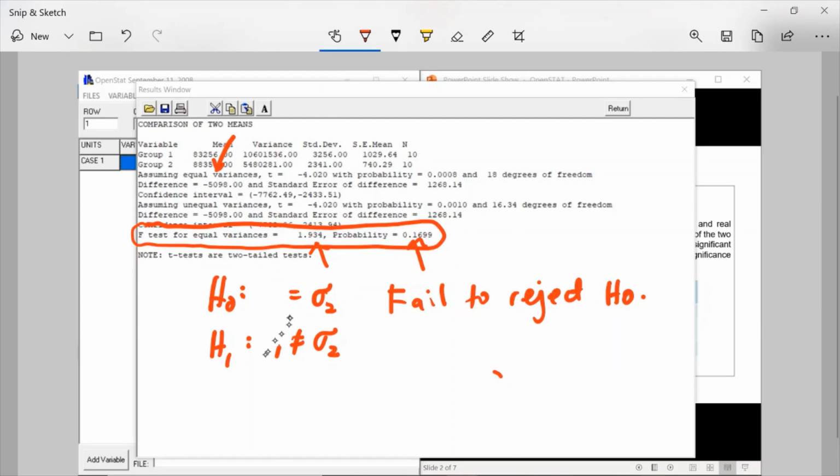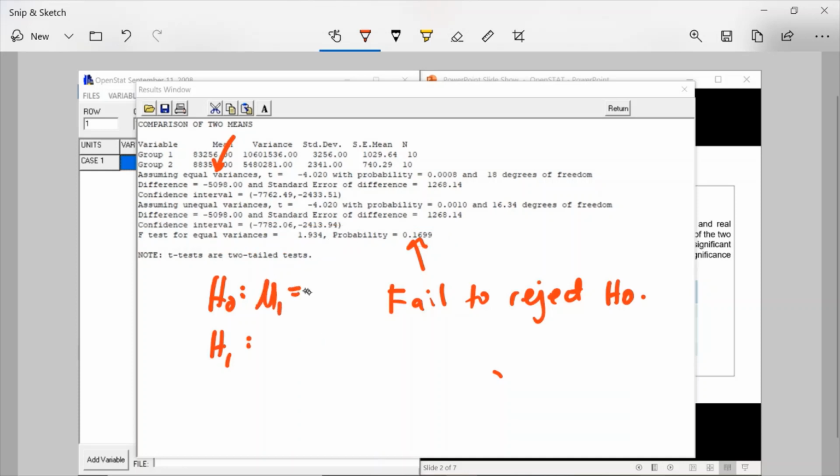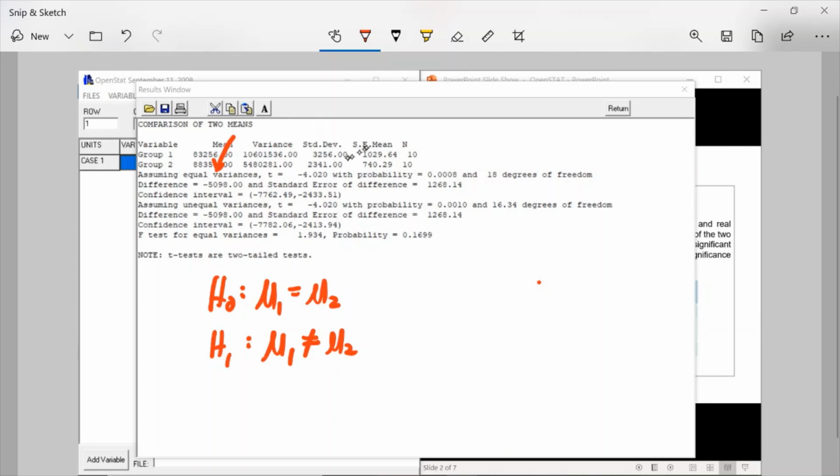And for that, the hypothesis will be as follows, which is mu1 is equal to mu2 against the alternative mu1 is not equal to mu2, and based on the p-value, this will be the test statistic, this will be the p-value.